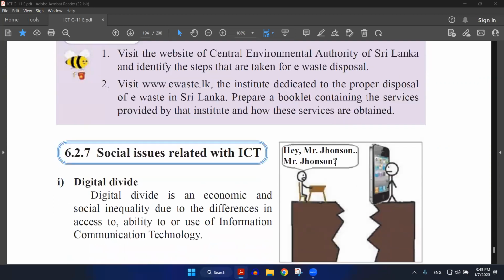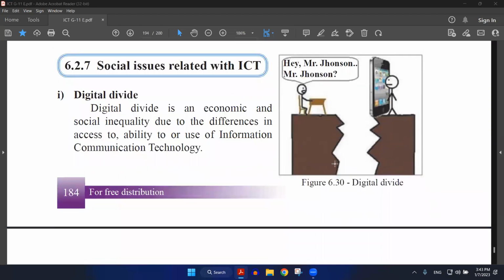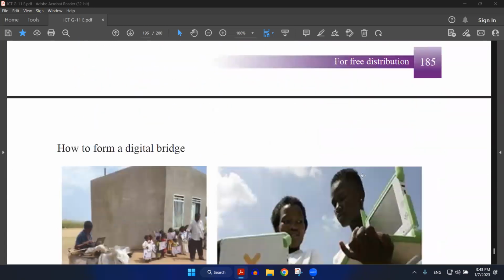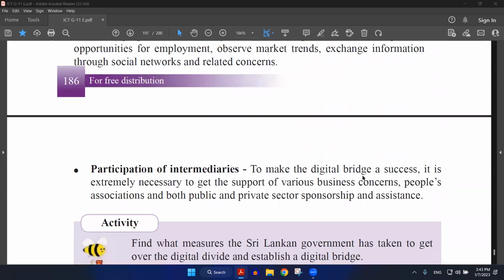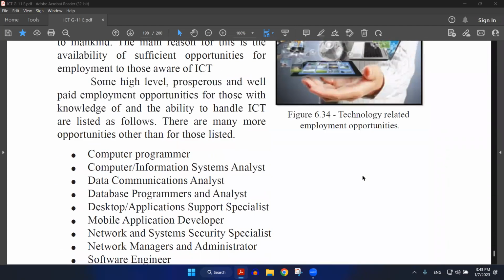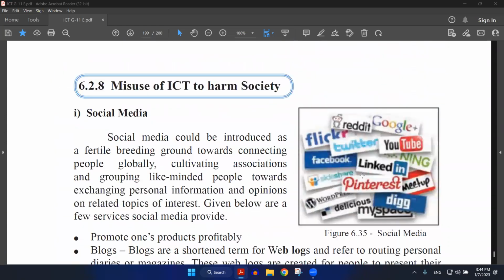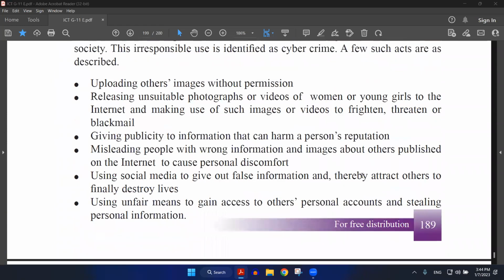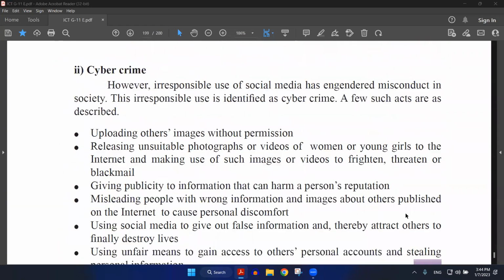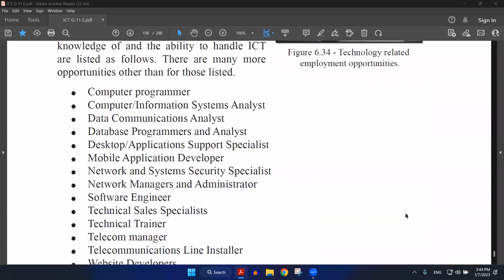So moving forward, the social issues related with ICT, right? As I remember, it's the very last topic. Then the opportunities have been given. Yes.